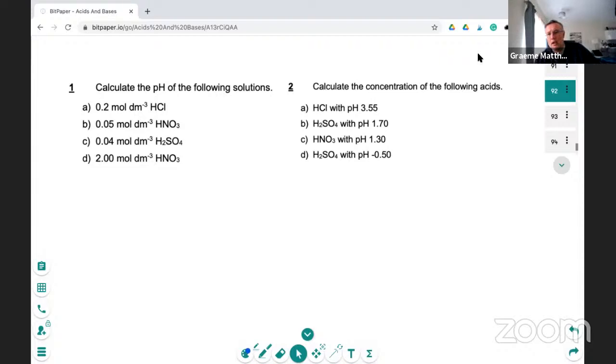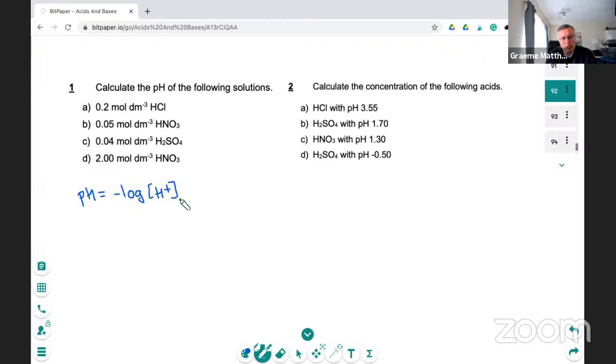All right, so this is where we left off last time. We said that the pH is minus the log of the hydrogen ion concentration.